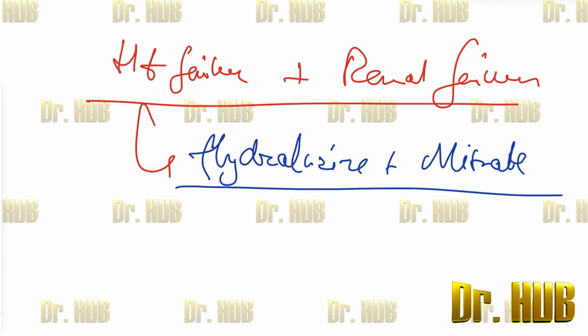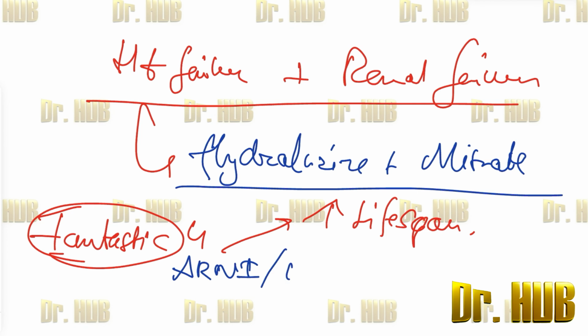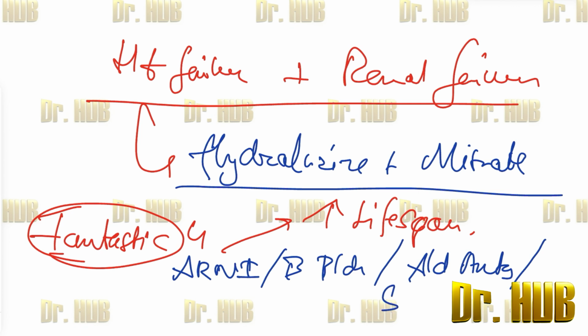Now let's look at the concept of the Fantastic Four. Why is it known as Fantastic Four? Because they increase the lifespan, that is, they have mortality benefits. These drugs include the ARNIs, the beta blockers, the aldosterone antagonists, as well as the SGLT2 inhibitors.